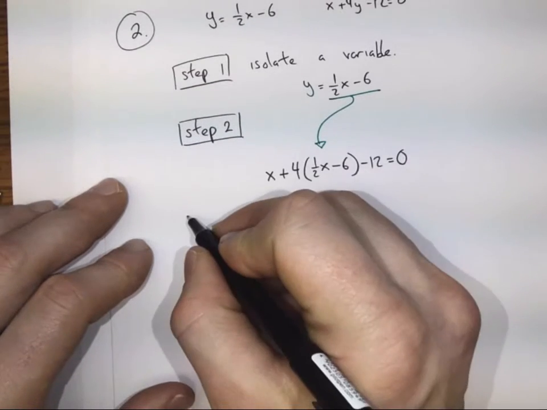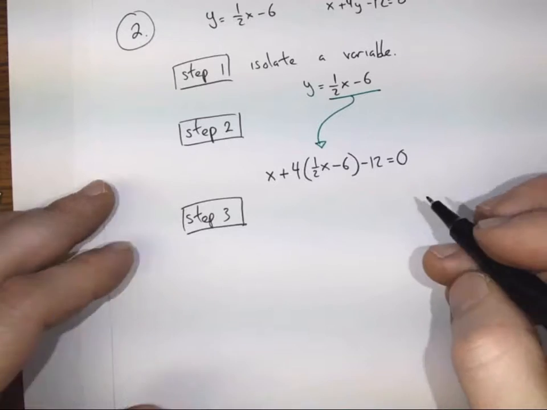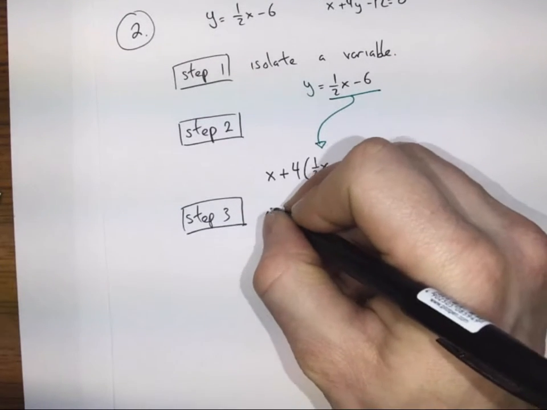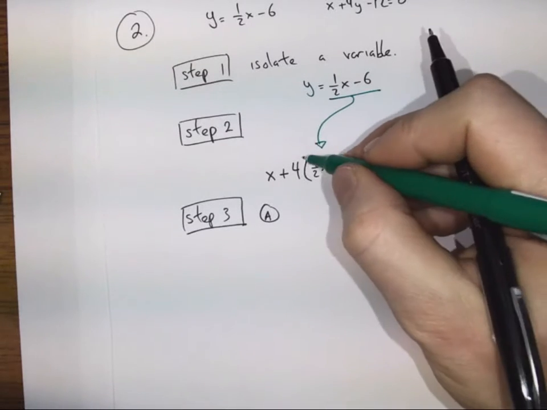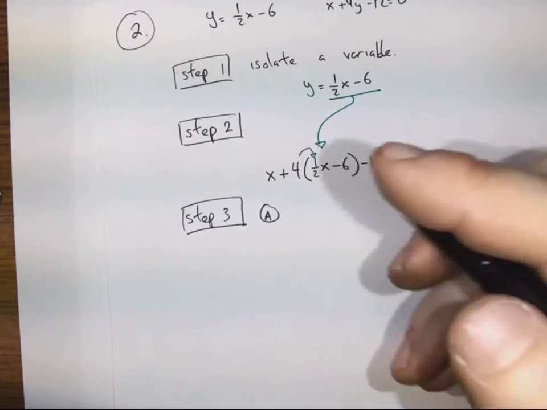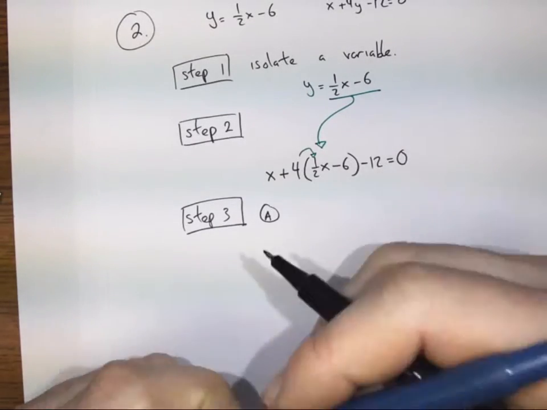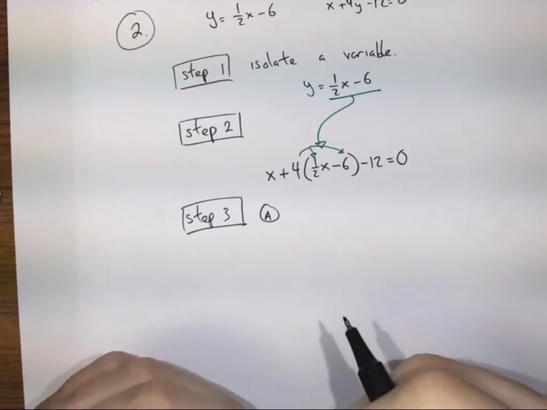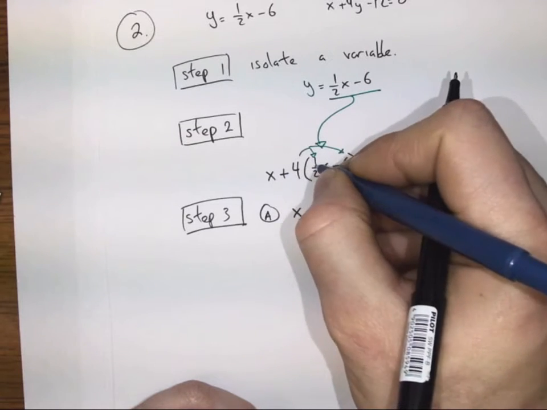Okay. And then step 3 is we'll expand, and we'll solve. So the first thing to do is part A is expand. So we're going to expand 4, multiply it by 1/2. 4 times 1/2. Well, we write everything else the same. And 4 times negative 6. So x, and then I have 4 times 1/2.